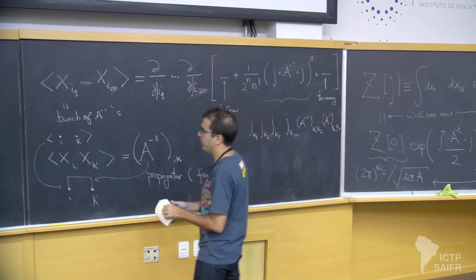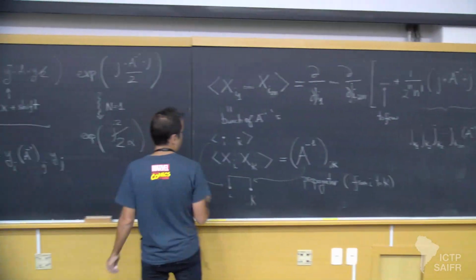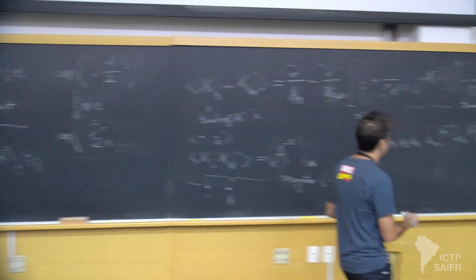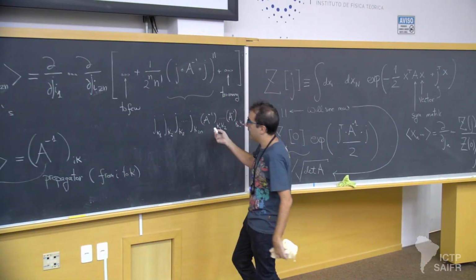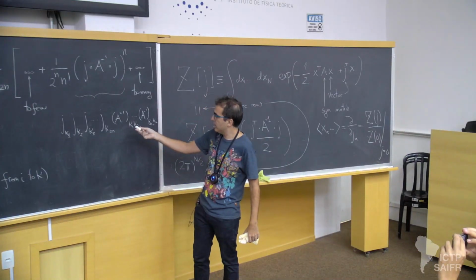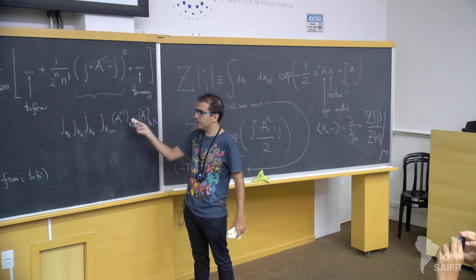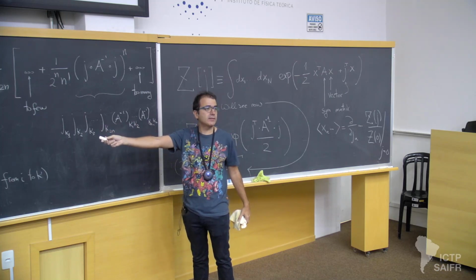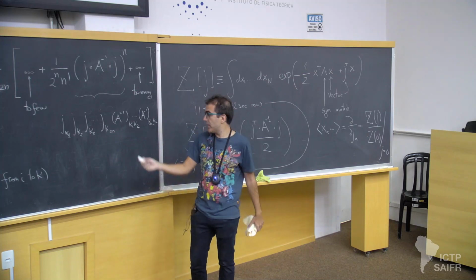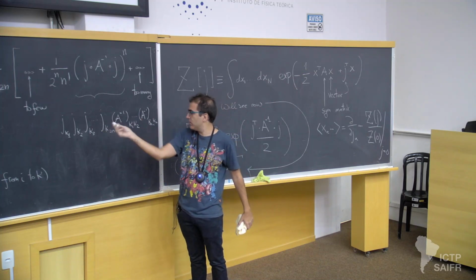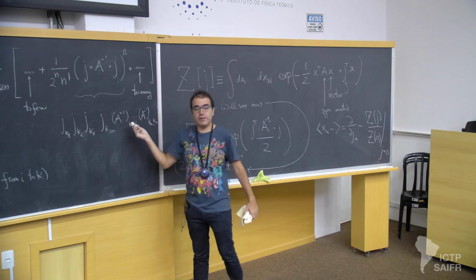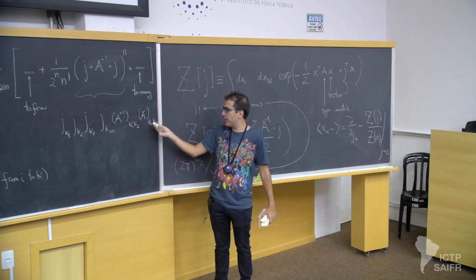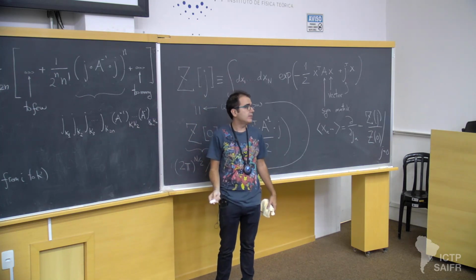So now that we know the two-point function, in particular, you see that in these objects, if I want, I can replace each A minus 1 by a two-point function, by an expectation value of 2 x's. Because A minus 1 is the expectation value of x_k1, x_k2. And this is the expectation value of x_k2n-1, x_k2n.